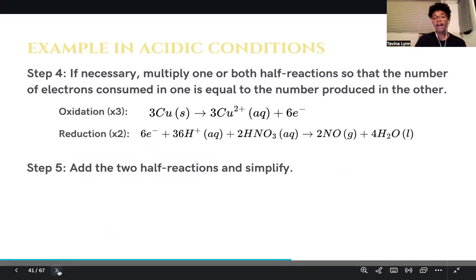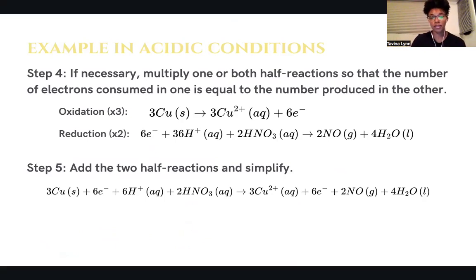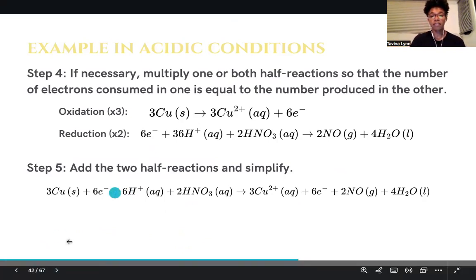So now we're going to add the 2 half reactions together. So when I add these 2 half reactions together, adding everything on the reactant side, everything on the product side, this is what I get. And simplify, just meaning canceling out anything that appears on both sides.